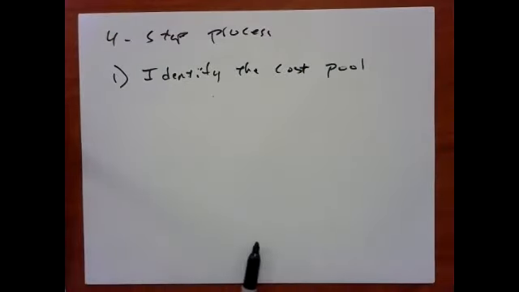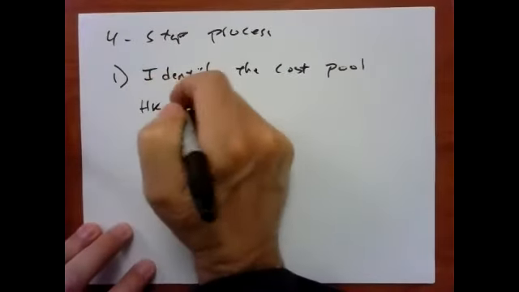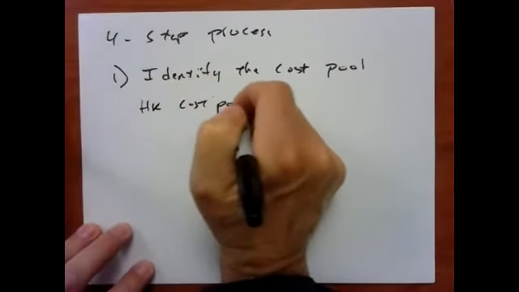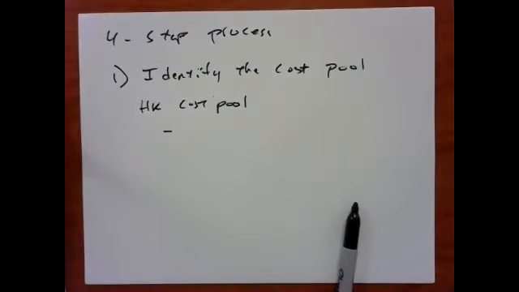What is the cost pool? What do I mean by the cost pool? Well, we've been talking about housekeeping, right? The housekeeping cost pool is going to include, well, let me ask you, what are the costs that are going to be included in running housekeeping? We have a 10,000 square foot medical office building, MOB, right?